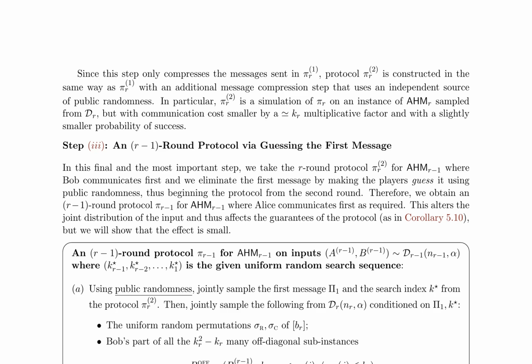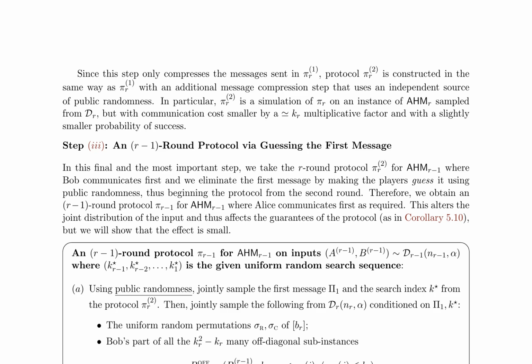The next step involves eliminating the first message in the round protocol pi 2 R for the augmented hidden matching AHM-R-1 problem, where Bob communicates first. This is achieved by making the players guess the first message using public randomness, effectively starting the protocol from the second round. The resulting R-1 round protocol pi R-1 for AHM-R-1 has Alice communicating first, as required.